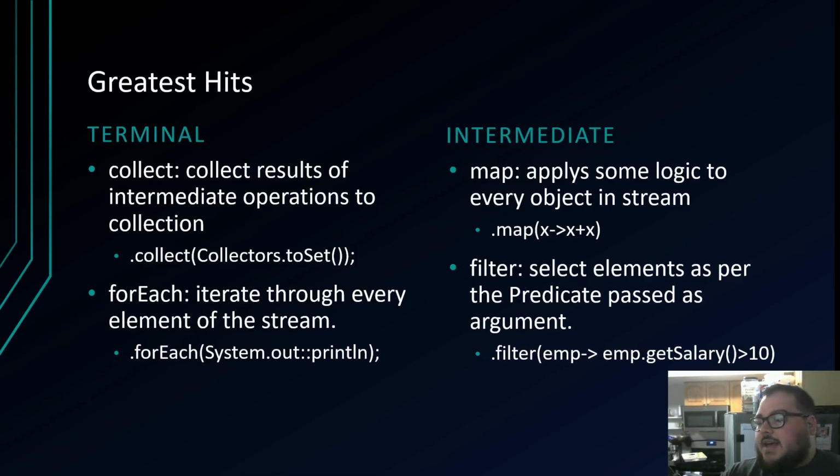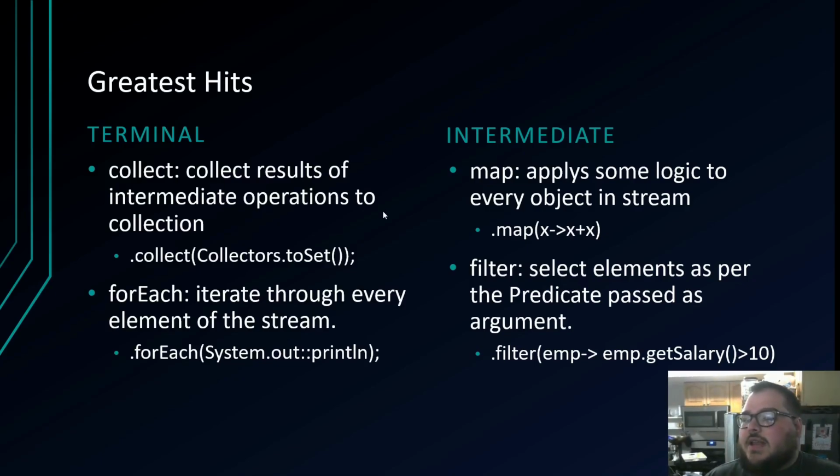First of all, we have map. For maps, as you see here, we have this integer x, and we're doing x plus x. While x here is an integer and we're just doing 2x, it could be an employee, and under an employee, you have their location or which building they work in.